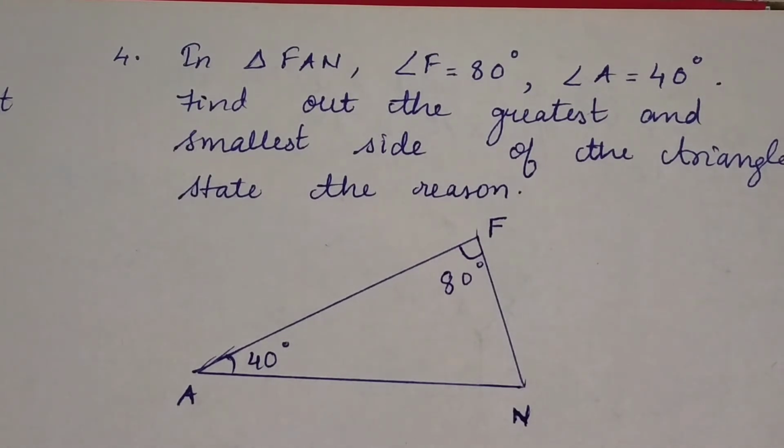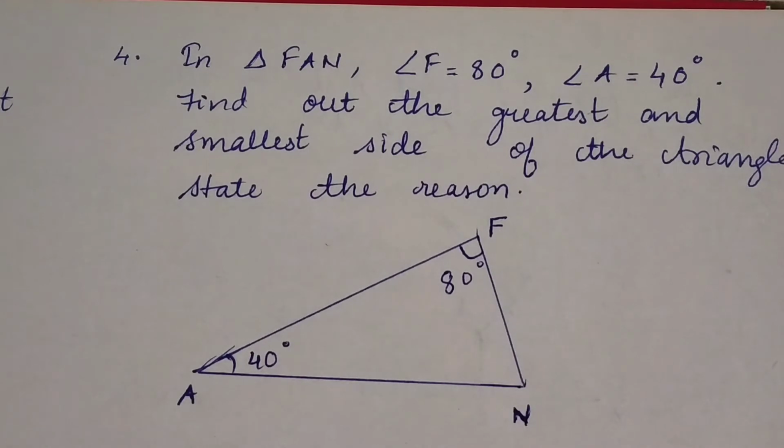Therefore, my first duty is to calculate angle N here, and that we are going to do by the property that the sum of the measures of all angles of a triangle is 180 degrees. This we have already studied in lower classes, 7th and 8th standard: when we add all the angles of a triangle, angle F plus angle A plus angle N, it should measure 180 degrees.